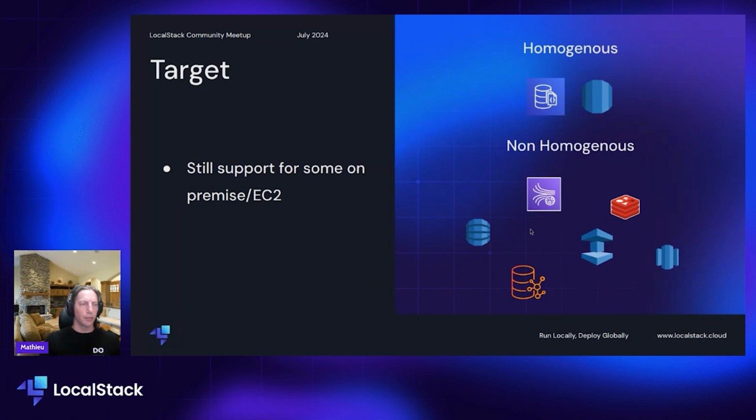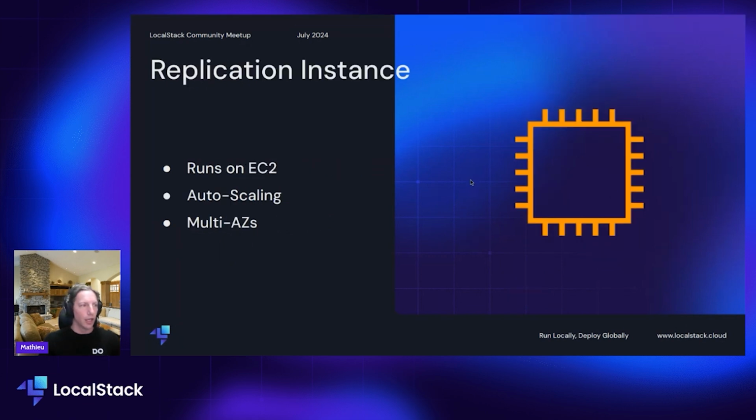But for non-homogeneous, the target is not necessarily a database per se. You will have things like Kinesis Stream and some caching services. And you have a whole lot more AWS services that are supported and can be used as a target.